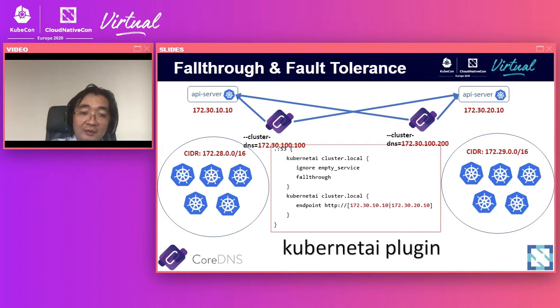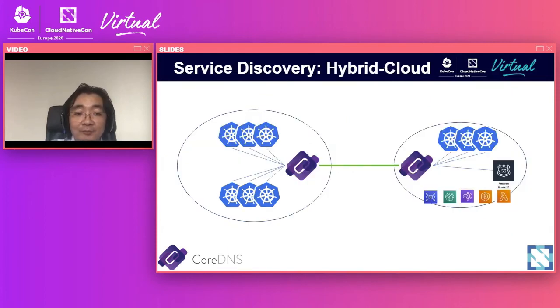Your pod will reach the service in the first cluster, and if it's not available, it will automatically point to the service in the second cluster. This is an interesting case that could be very useful for many people. I'm going to fast forward this one, but if you are interested, you can take a look at the plugin and see how this can help you with fault tolerance for multiple clusters.